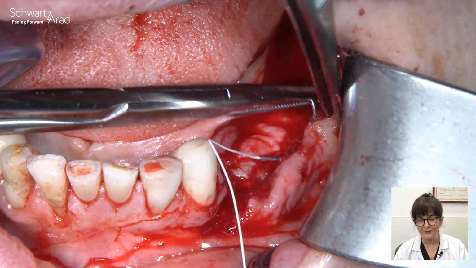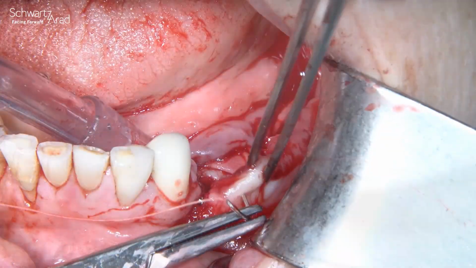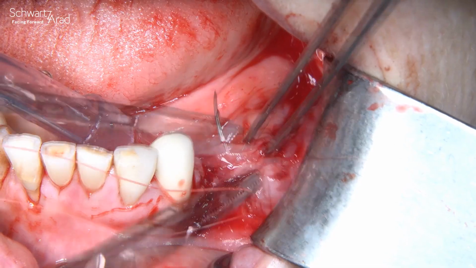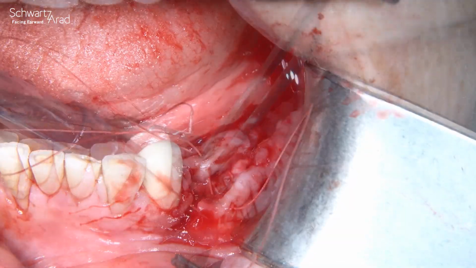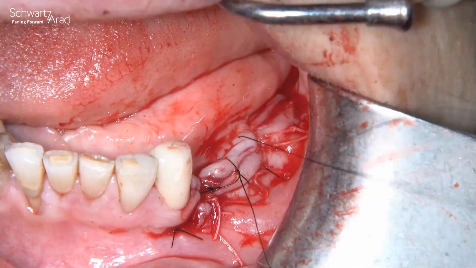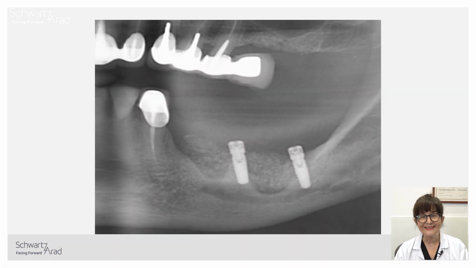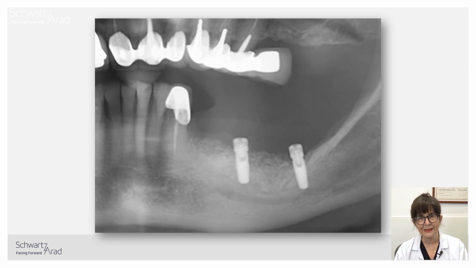PPP is platelet-poor plasma, and then suturing. So this is immediately after operation and 5 months later. One can see here the healing was uneventful. This is like in regular patients.